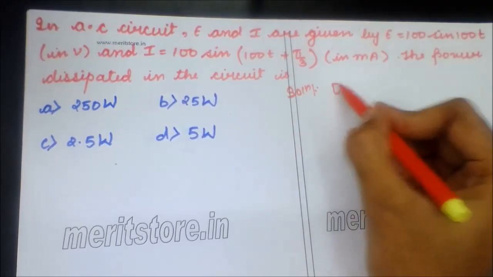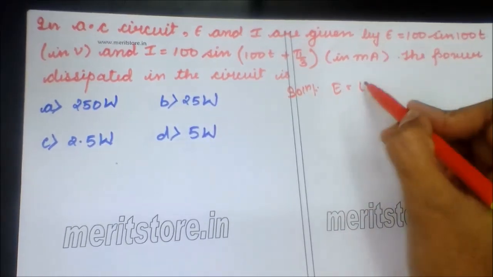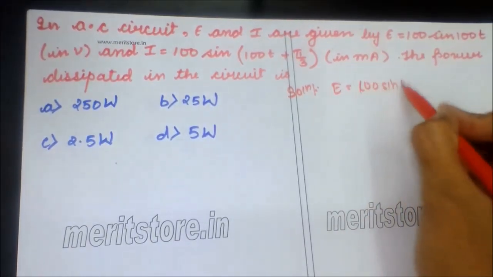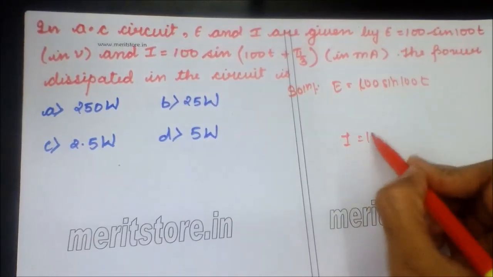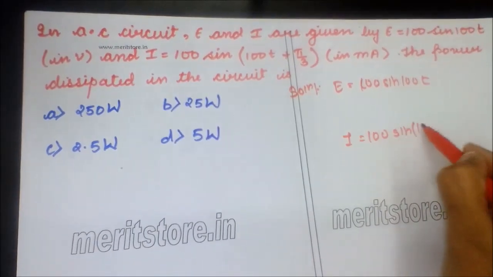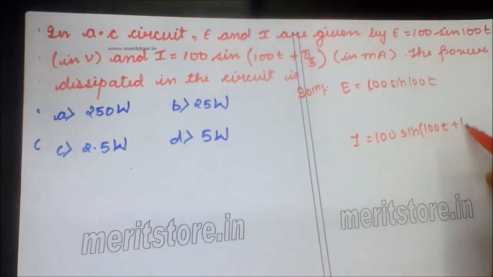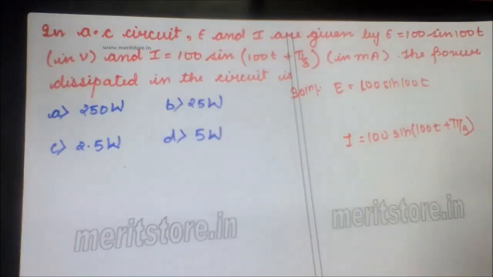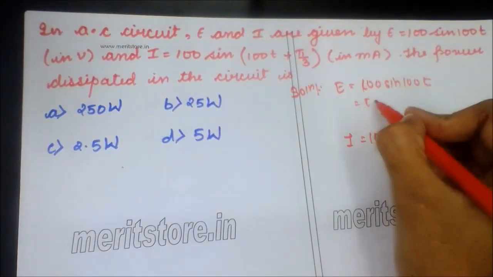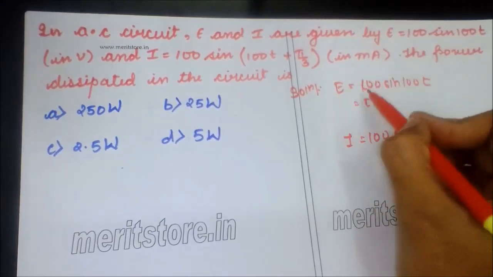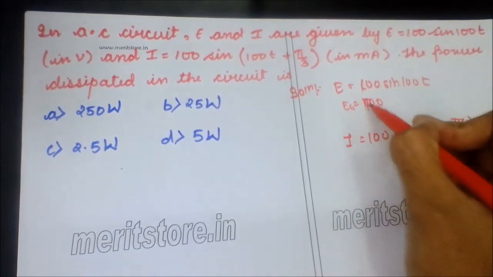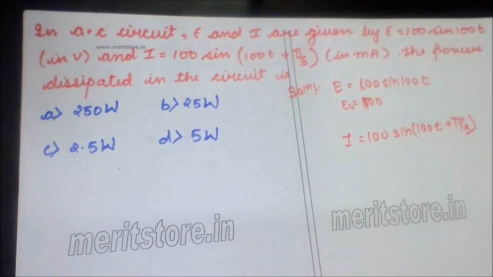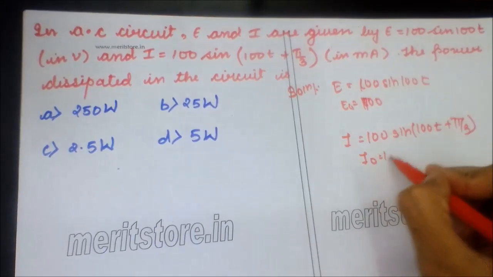For that, first we have the equations E equals 100 sin 100 t and I equals 100 sin 100 t plus pi by 3 in milliamps. If we compare with the equation E equals E naught sin omega t, E naught will be 100, and in a similar way I naught will be 100.